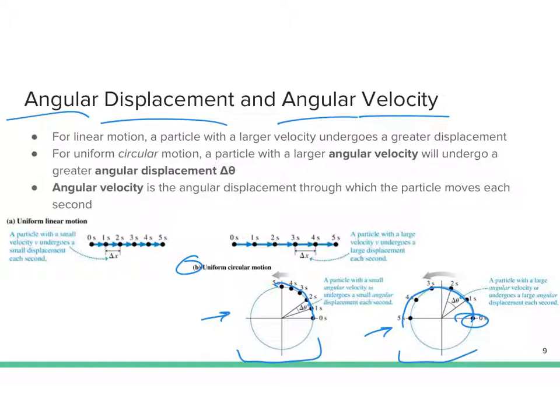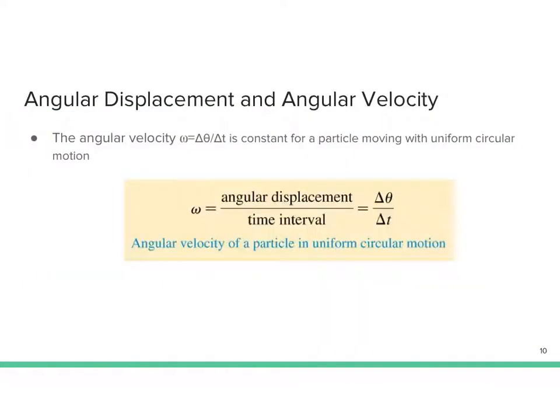So it's not completely new concepts. It's extremely similar to things that we talked about in Unit 1, but angular velocity is the angular displacement that the particle moves every second. So here's my formula then for angular velocity, and we use the Greek letter lowercase omega to describe angular velocity, and that's just our angular displacement over time.